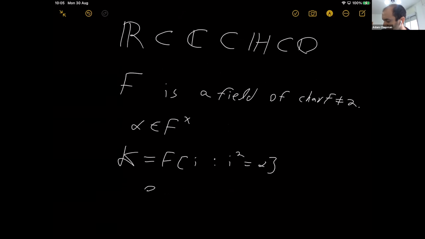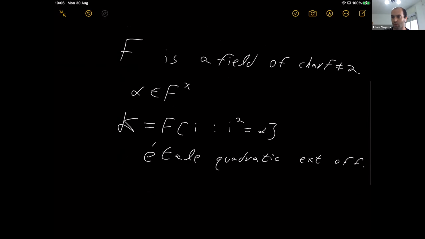So it's an étale quadratic extension of F, and it's equipped with an involution, which is the Galois automorphism of this extension, just mapping i to negative i.